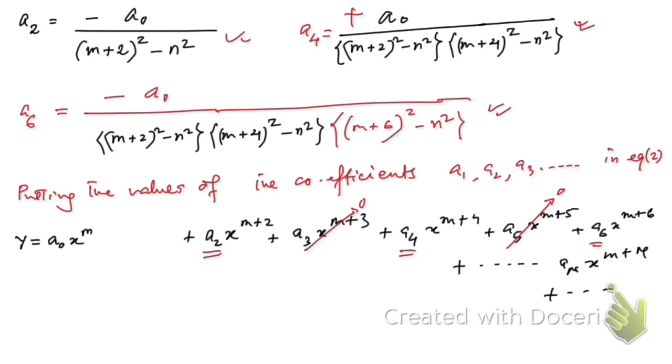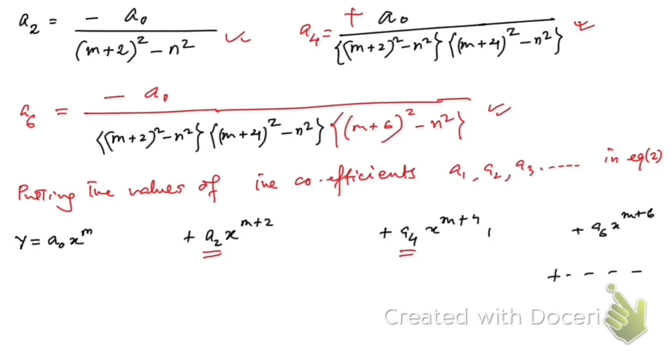Let me cut this one, this one as well, and this one as well. We don't need to write all the terms, just dot dot dot. Now let us replace this a2 by this result. Let me copy this and put it here.